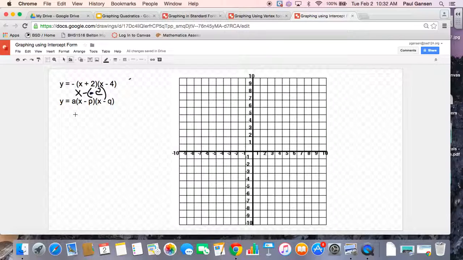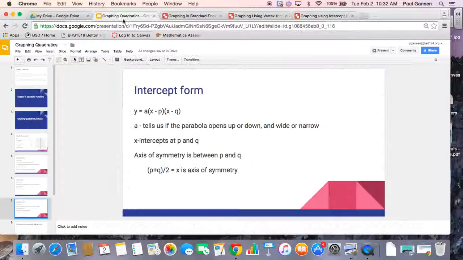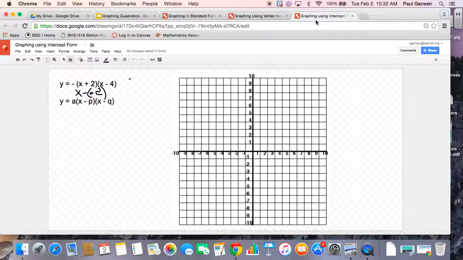Now, I kind of glazed over this really quickly before, but this is called intercept form because p and q are our x-intercepts. So p and q are your x-intercepts, where it crosses the x-axis. So our p, in this case, is negative 2.